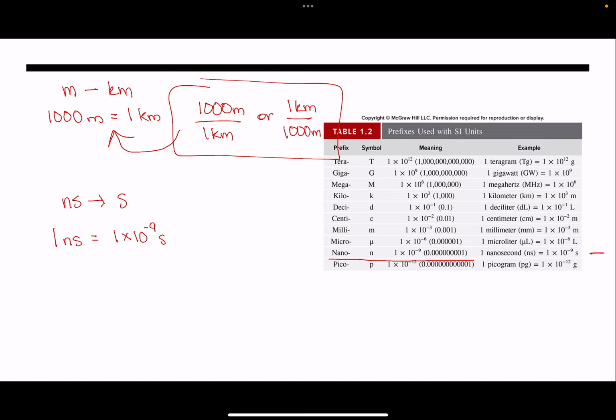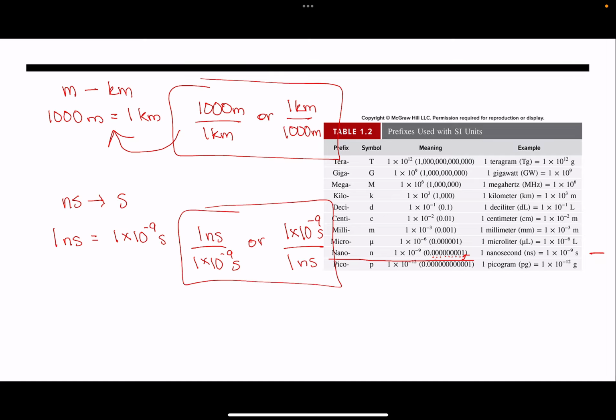So basically, you can see here 1, 2, 3, 4, 5, 6, 7, 8, and then the decimal would go after the 1. So 1 times 10 to the negative 9 seconds. So you can set this up again as two conversion factors, 1 nanosecond over 1 times 10 to the negative 9 second, or 1 times 10 to the negative 9 second over 1 nanosecond. So both of those are the same thing as saying this.